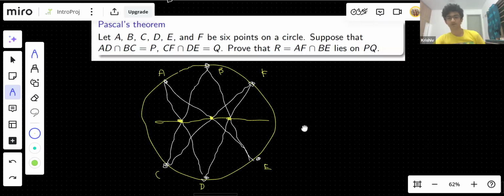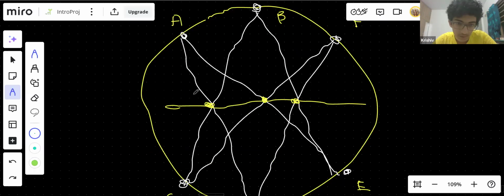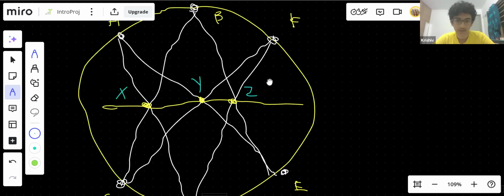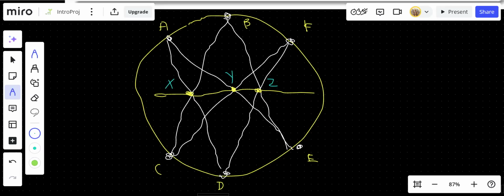Okay, so how can one go about showing this? Does someone have any ideas? I'll call these X, Y, and Z. Any ideas? Extend XYZ onto the circle, the line.